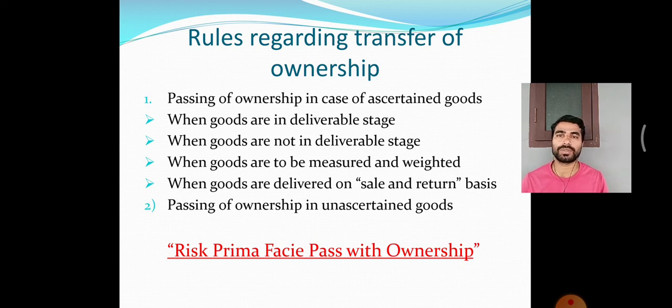If weighing or measuring is not done, the delivery of goods will happen only after the measurement and weighing of the goods. Say a person is going to buy 1 kg of rice. The ownership of that particular 1 kg of rice will transfer only when you pay the price, the goods are measured, and you get it back.